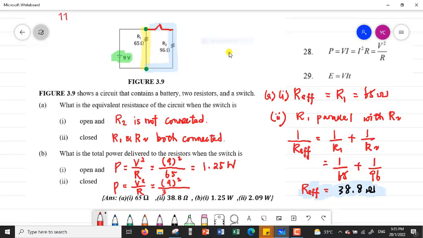So the total effective resistance is 38.8. So now the power will be around 2.09 watts. Okay, so this is how we calculate.